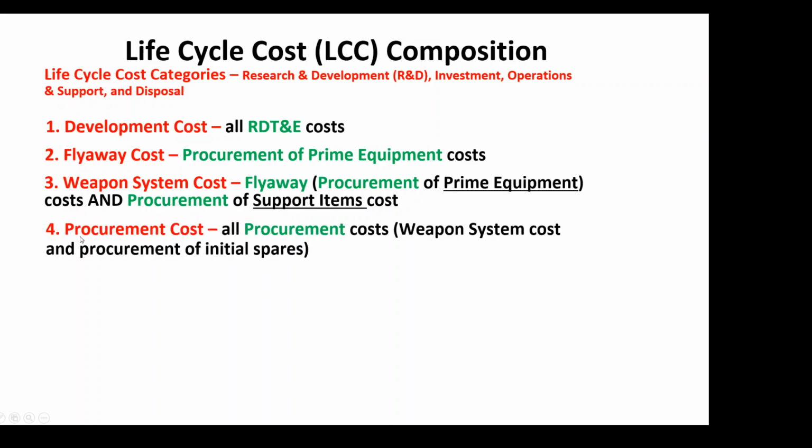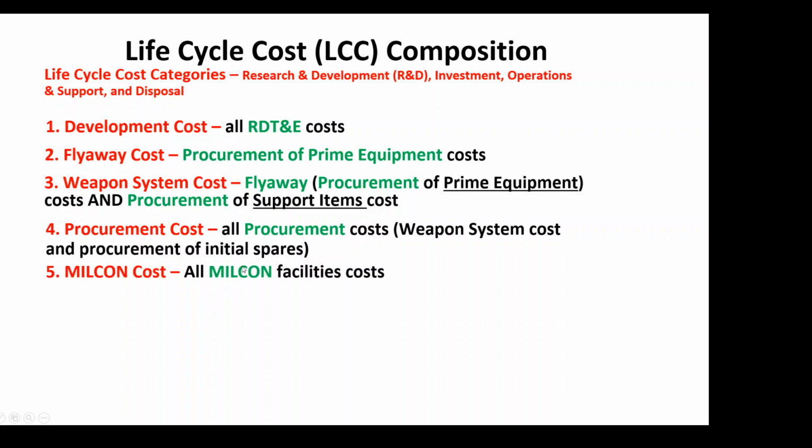The fourth is your procurement cost. That just means you add up all your procurement costs, your flyaway, your weapon system, and procurement of initial spares. All your procurement costs added up together will give you this value.